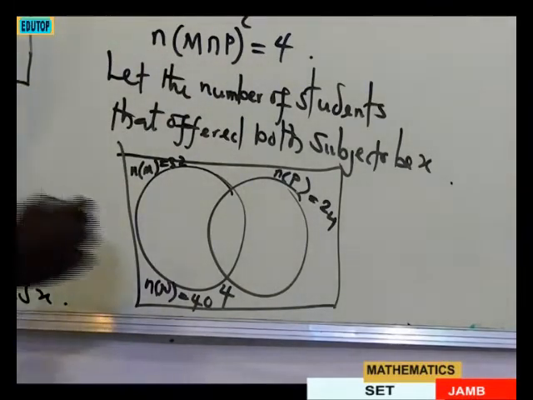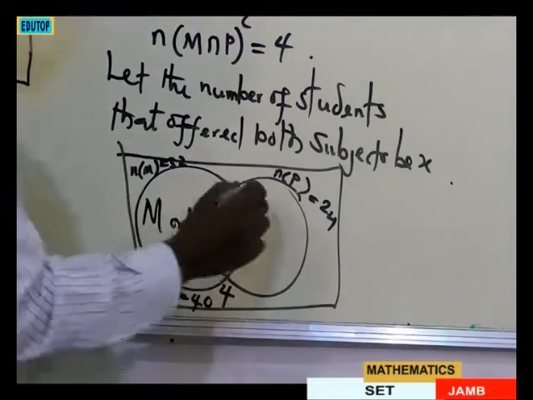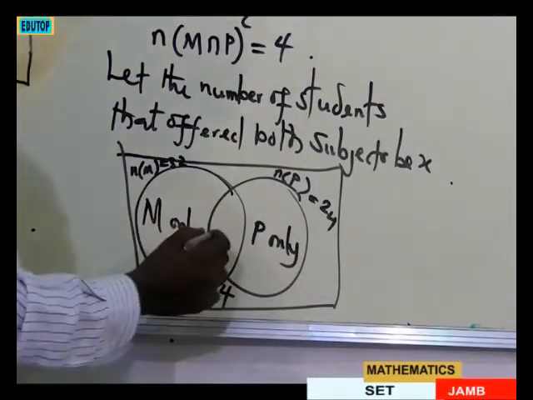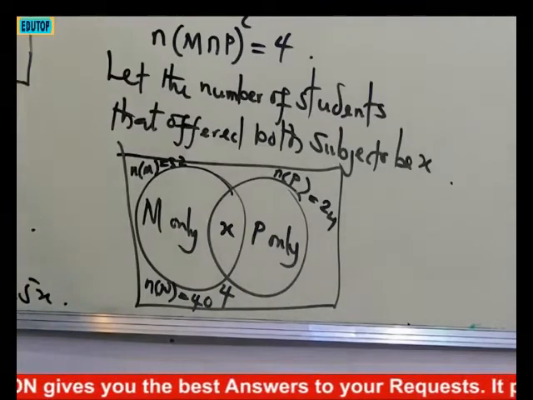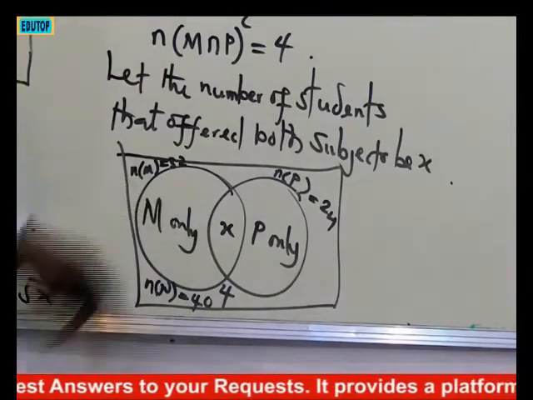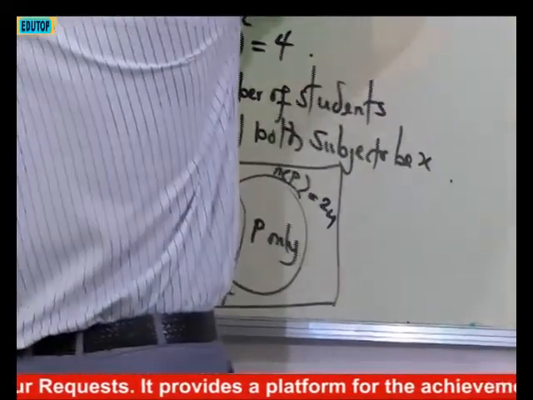Now, let this be M only. That's mathematics only. Let this be physics only. And let this be X. That's for both subjects. And the question asks us to find how many students offer both subjects. That is X. Now in this situation, let's calculate the number of mathematics.